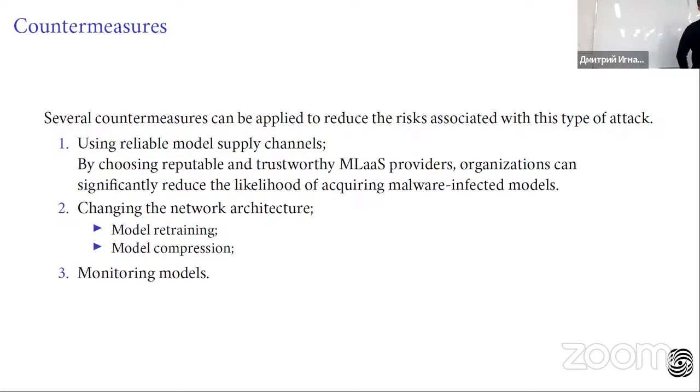Question: how can compression help us? It cannot help you to find the virus, but it can help you to mitigate it, in that the virus embedded in the neural network will be broken.